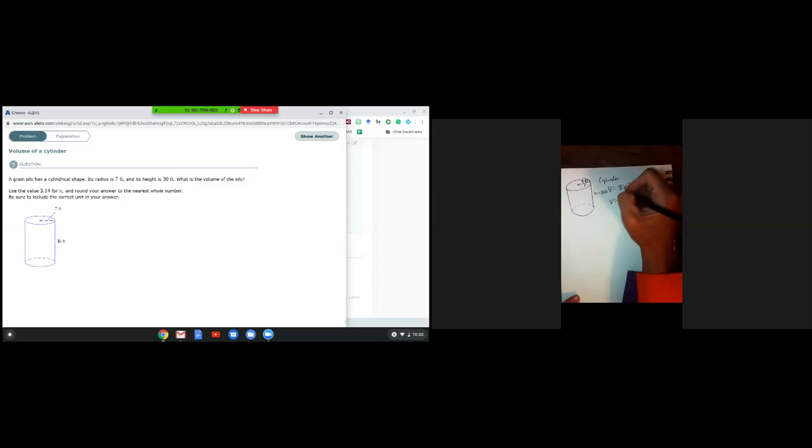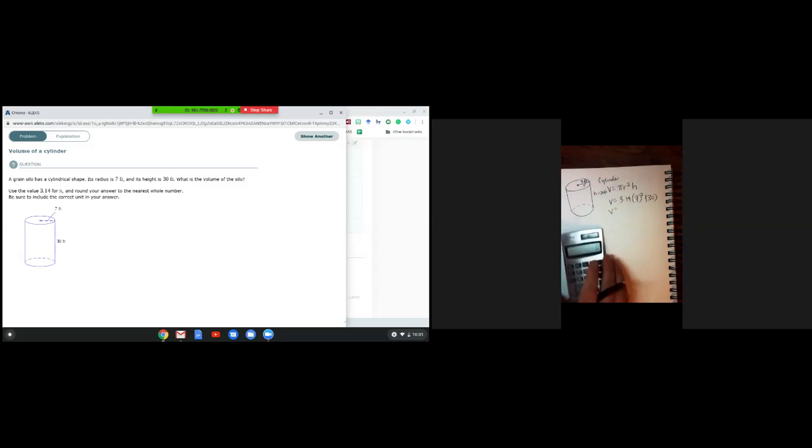Instead of pi, we're writing 3.14. Instead of the radius, we're going to write the number 7. That will still be squared, times the height, which is 30. We do our exponents first. So we got 3.14 times 7 squared, which is 49, times 30.